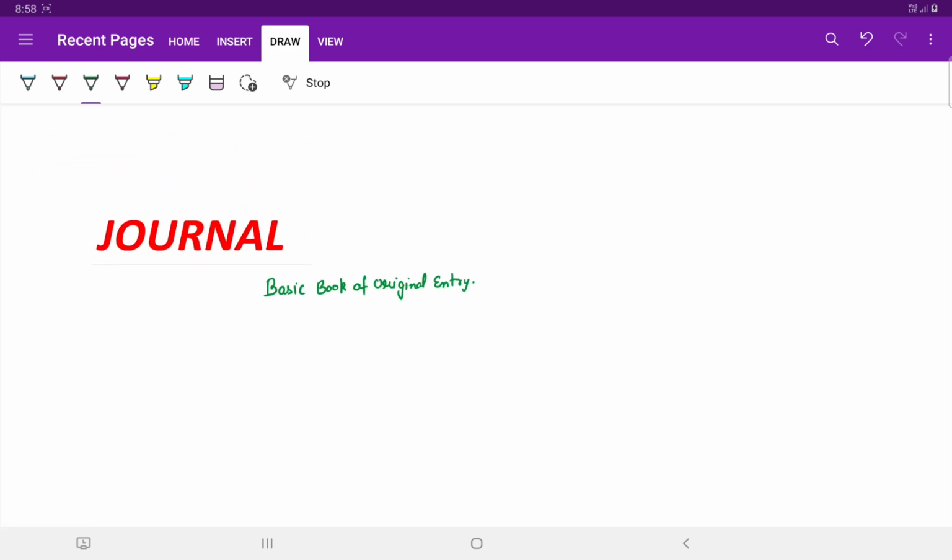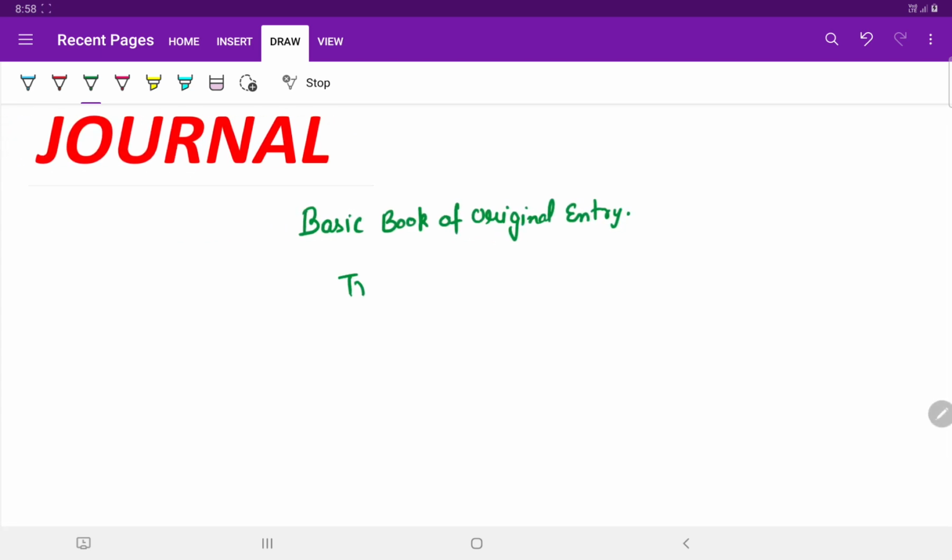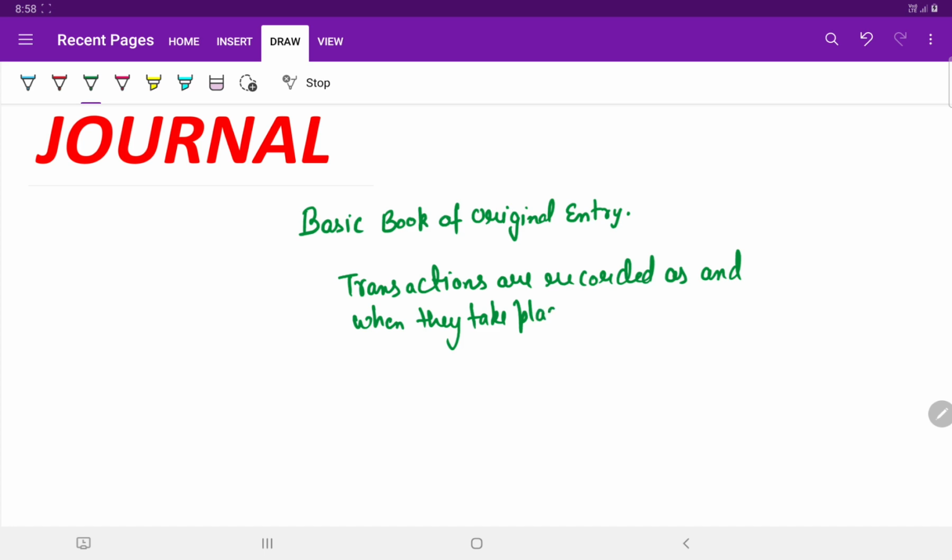So the basic fundamental of recording the transaction is this, that the transactions are recorded as and when they take place. So the time of transaction is recorded as it is.